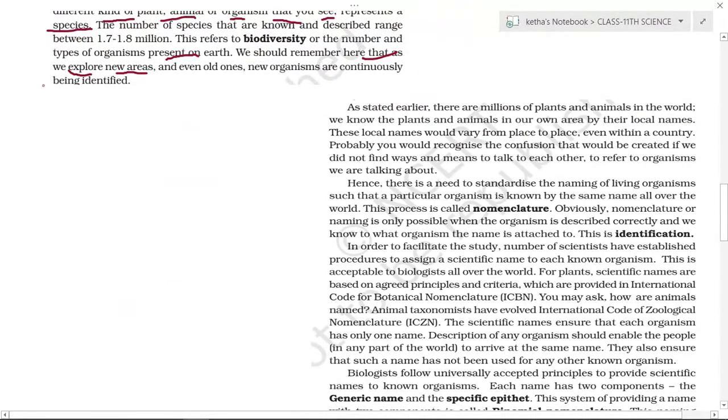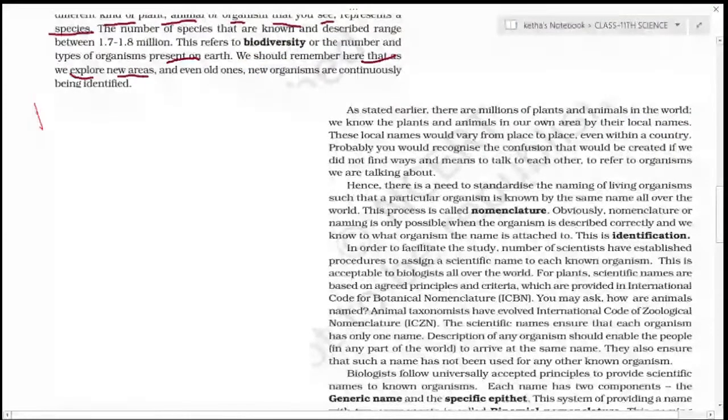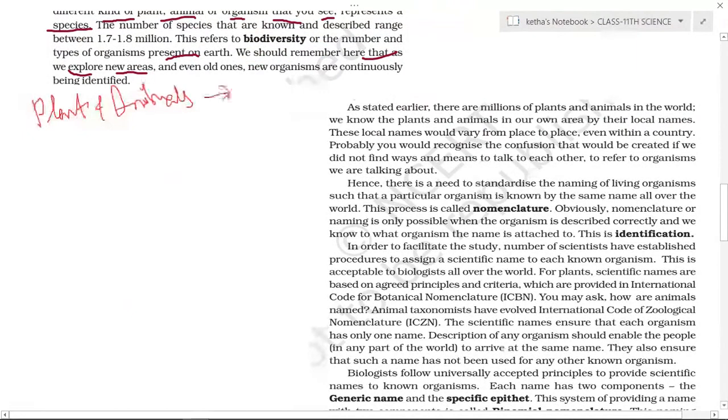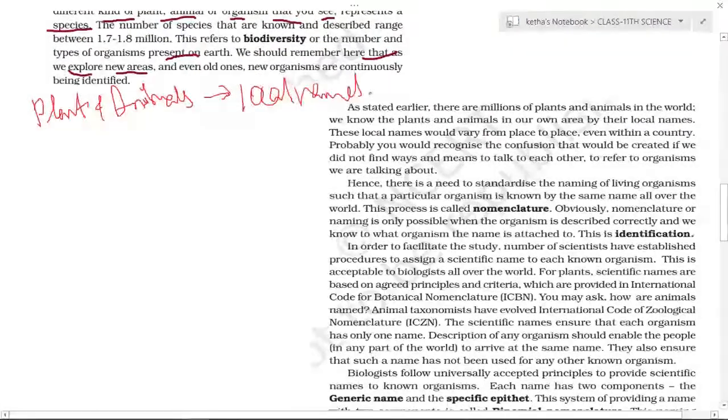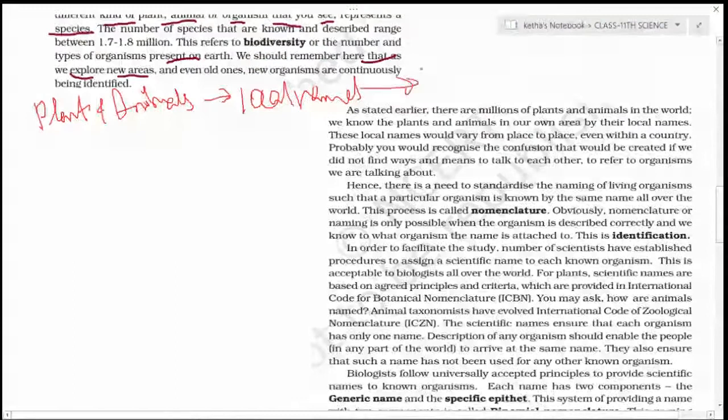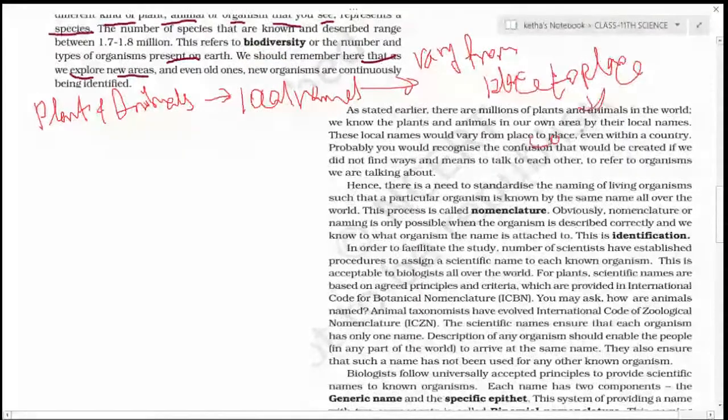So plants and animals in our own area are known by local names, whatever we are observing in our surroundings. These local names can vary from place to place, or country to country, or even within a country itself.